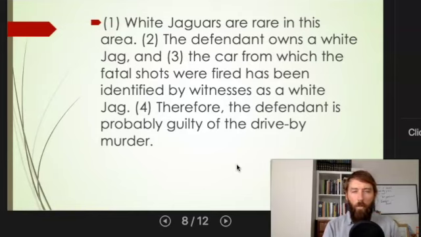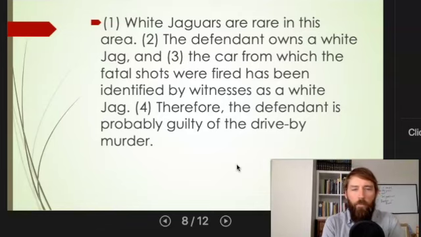First, does the fact that white Jags are rare in this area support the conclusion that the defendant is guilty of a drive-by murder? No. Just because white Jags are rare doesn't prove that somebody's guilty of murder. What about the fact that the defendant owns one? So you have to forget about 1 and 3. I'm just talking about 2.